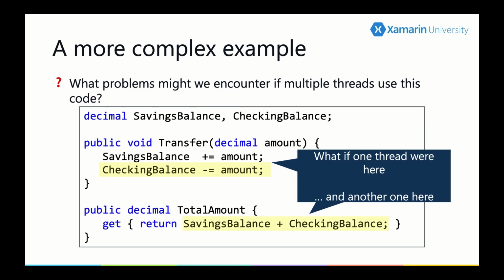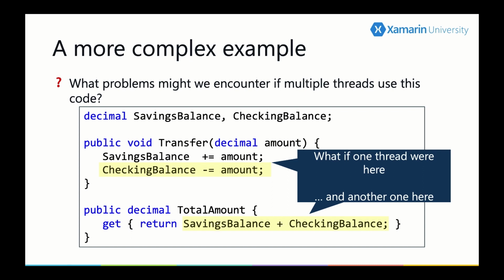We say we want to transfer a certain amount of money. It's going to be added to our savings balance and it will be removed from our checking balance. And then we've got a property where we can get our total amount, all the money we have. So that's savings plus checking. Looks pretty simple. And as long as we are in a single thread environment, there's absolutely no problem.